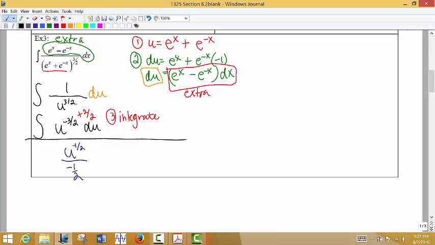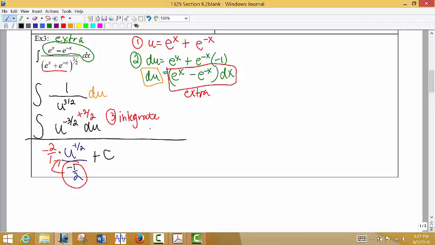Alright, and I'm going to rewrite this to look a little nicer. I'm going to take the -1/2 and multiply by the reciprocal of that, so that becomes -2 over 1. And the last thing I want to do is include my constant of integration. Alright, so we have integrated.